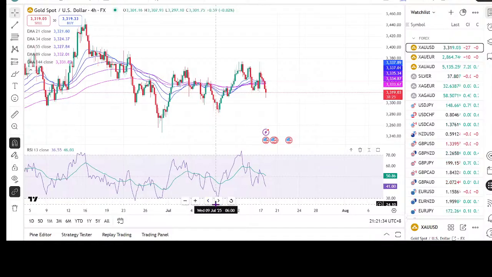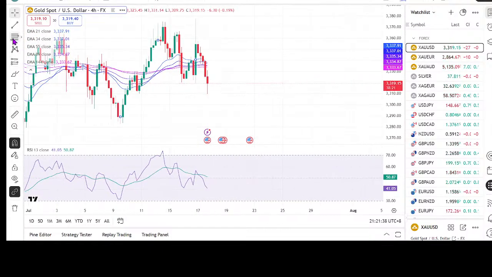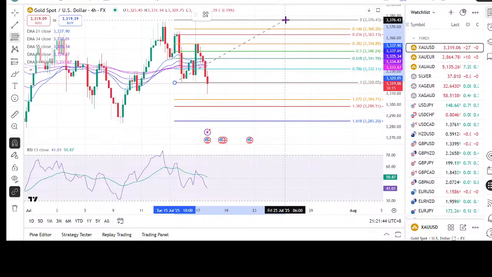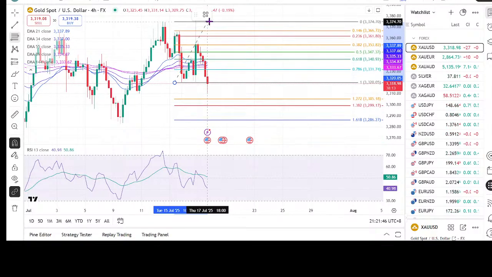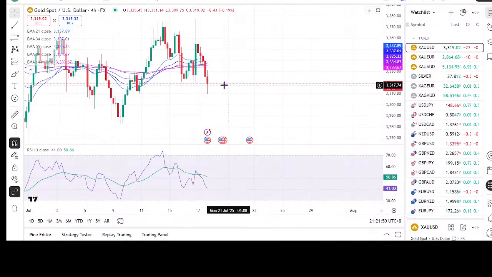I was saying this at the beginning of the week, but we got tricked by the strength, so that's why we had to change our plan.